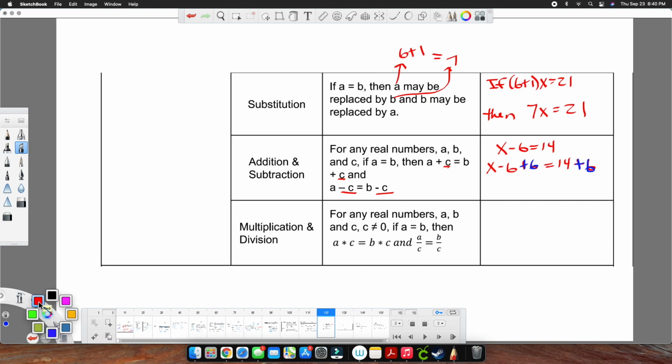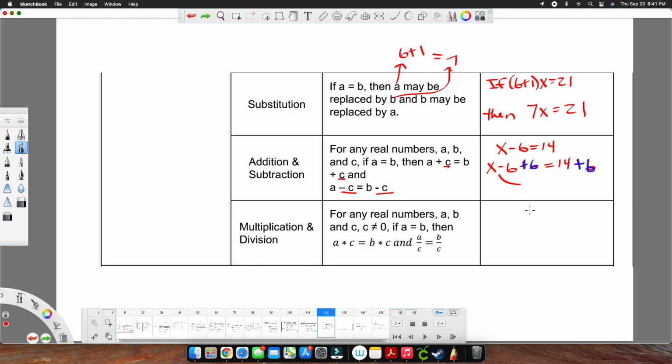Now if I were to continue this, they would cancel because it's a positive and a negative, the same number, and I have x equals 14 plus 6, which gives me 20. So I went a little step further so that you could see that. I don't think we necessarily need to keep going that far, but I just want to show you that's the point of this property, so that you can solve. You're removing what's being added or subtracted from the variable.